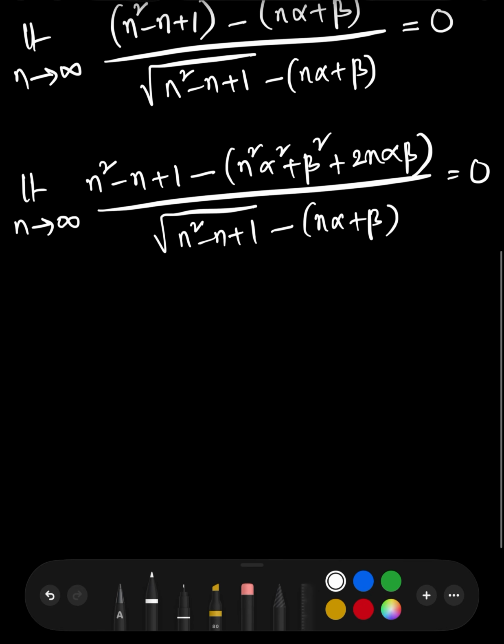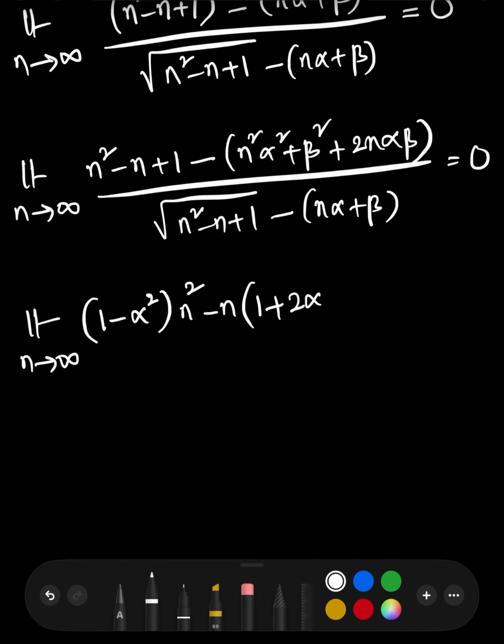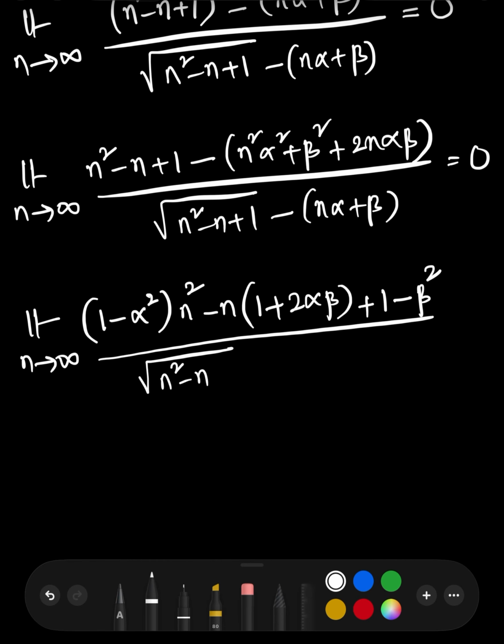Next, taking n square common from the numerator, it becomes 1 minus alpha square into n square. Taking minus n common, it becomes 1 plus 2 alpha beta, and the constant is 1 minus beta square, whole divided by root over n square minus n plus 1 minus n alpha plus beta equals 0.